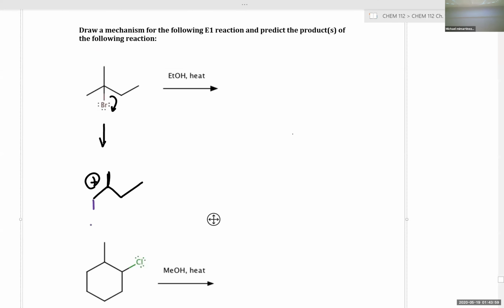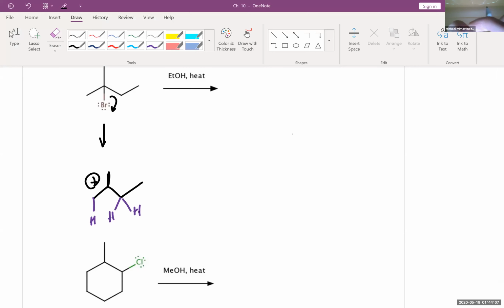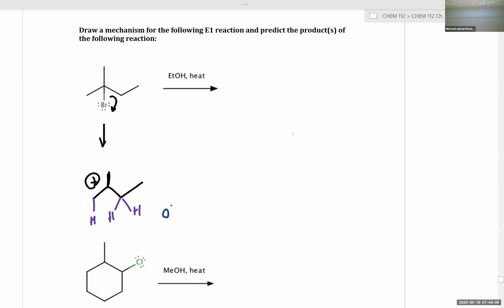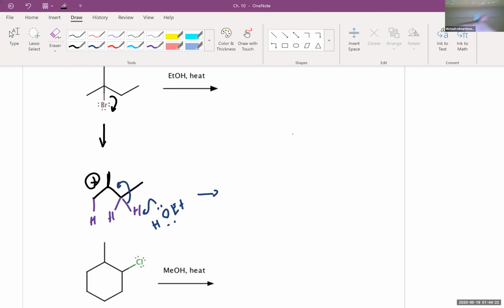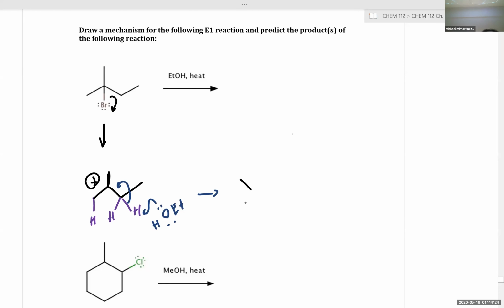So now we have multiple protons to choose from. So let's just pick one of these protons, and our base in this case is ethanol. So it's going to pull off a proton. We're going to eliminate our proton, and we're going to generate the following alkene, the most substituted alkene.